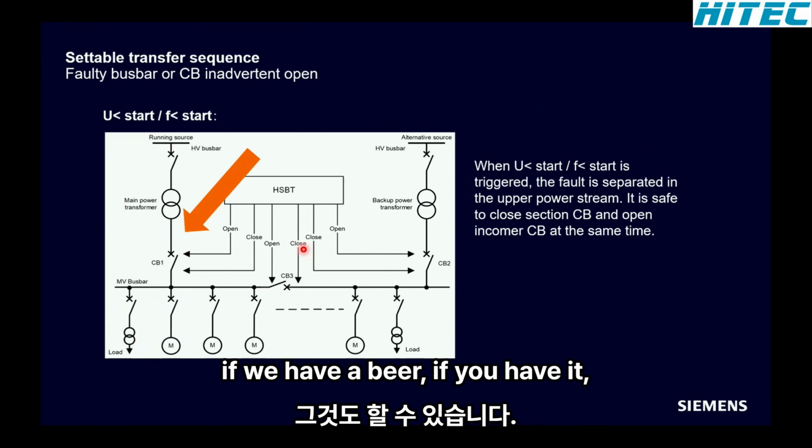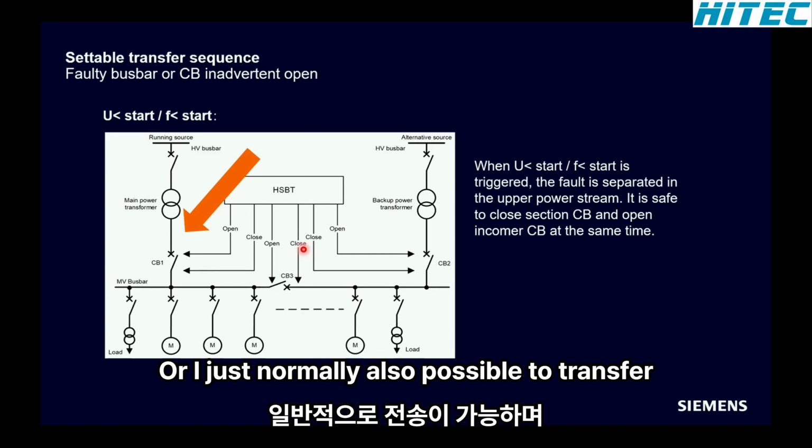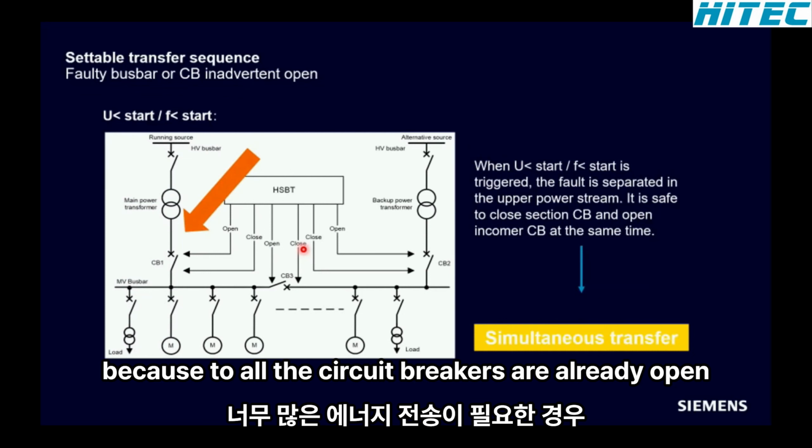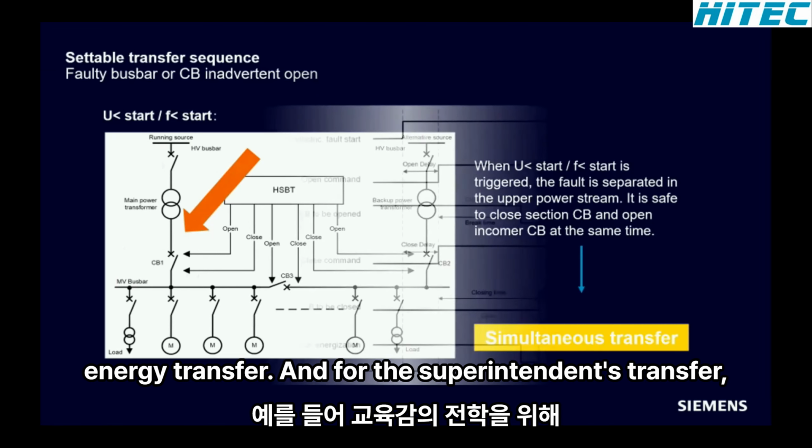For example, if we have an inadvertent open of the circuit breaker, then normally it is also sequential or simultaneous transfer, because the circuit breaker is already open, and then we can use here the simultaneous transfer.